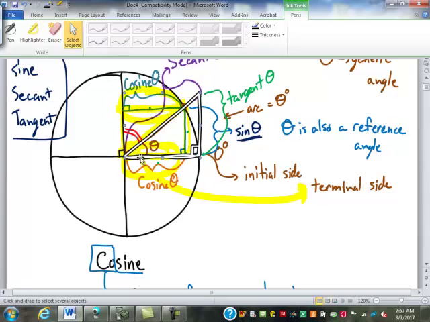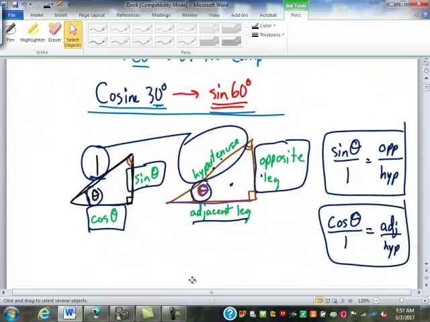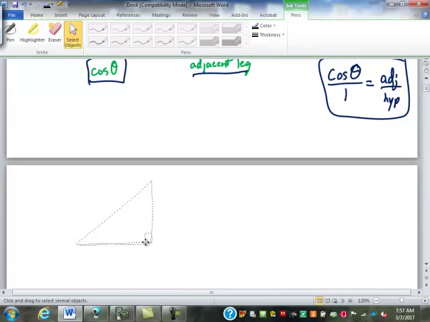It's this bottom side down here. You see it? So that side's going to be how long? 1. So if I come down here, this is still theta. This side is 1 unit because it's the radius of the circle. This side was the tangent of theta, and this is the secant of theta.